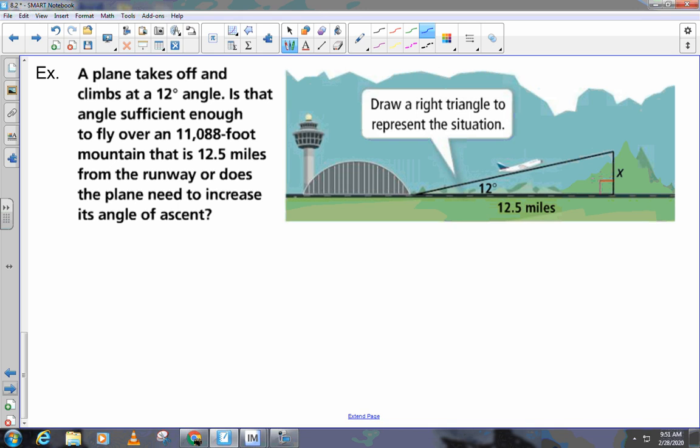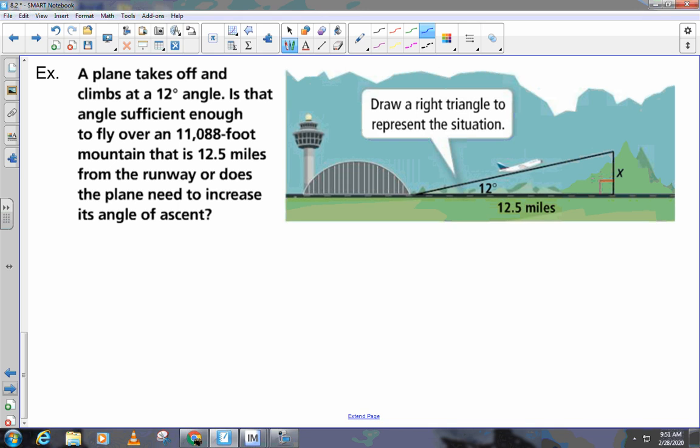Okay, so it takes off. We have this mountain that's 11,088 feet, okay? He is 12.5 miles away from this mountain, okay? We need to know that if traveling at this angle of ascent, is that going to be enough to clear the mountain, okay? So we're going to let this be our unknown, because we need to know how high he's going to get going at that, whatever, okay?